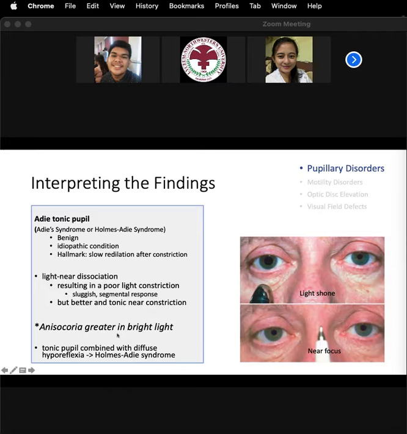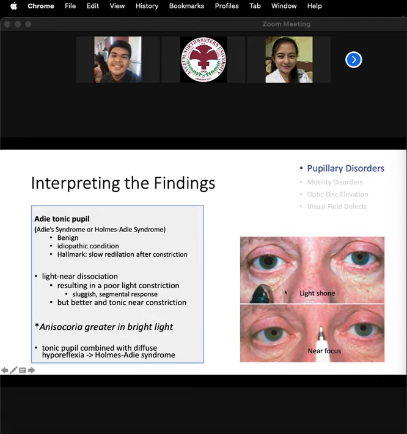So let's see. In this picture, this is a light source shown in front of the right eye, but we don't see the pupil constrict. When you ask the patient to look at the near target, there is constriction. So you have a light near dissociation, resulting in poor light constriction, but better tonic near constriction.